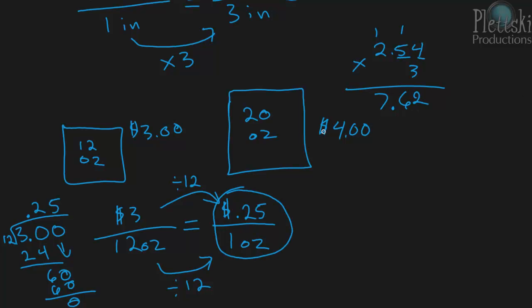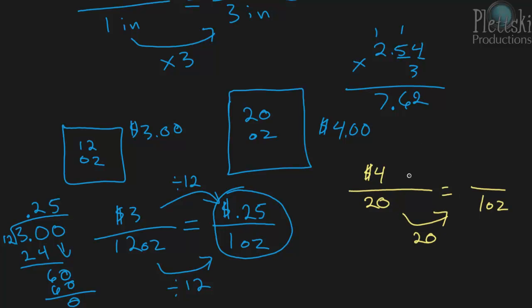Okay, now let's look at the second one, the 20 ounce. So it's $4 for every 20 ounces. So how do you get from 20 to 1? Because we want to find the unit rate of this as well. So 20 divided by 20 will give you 1.